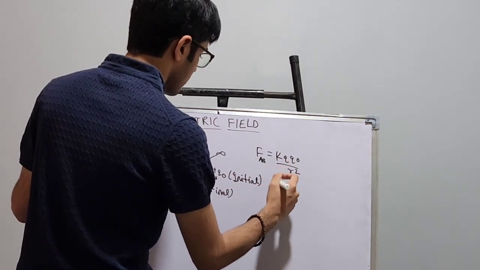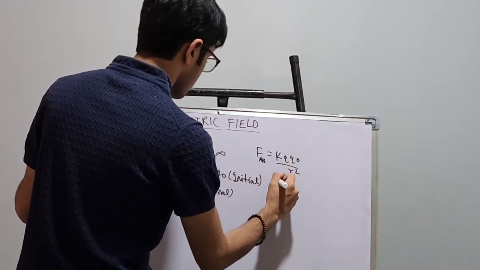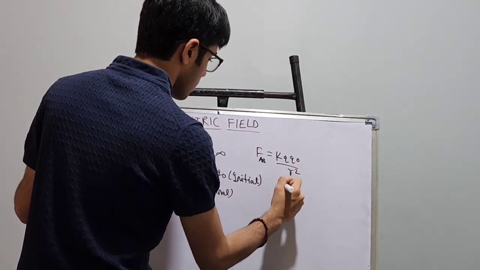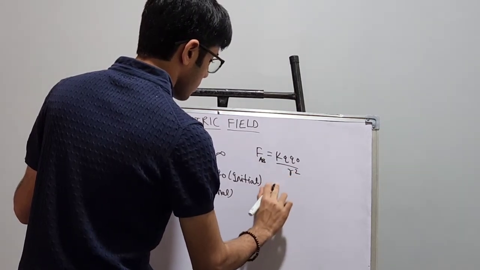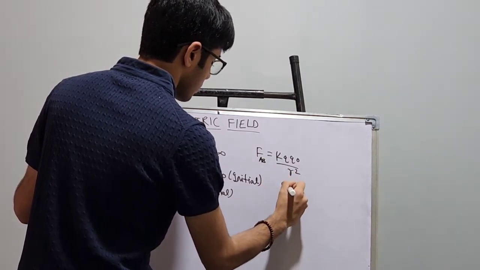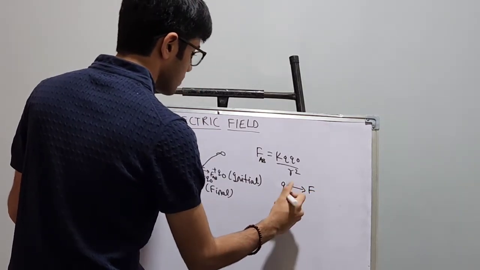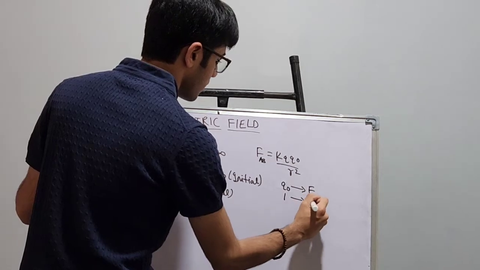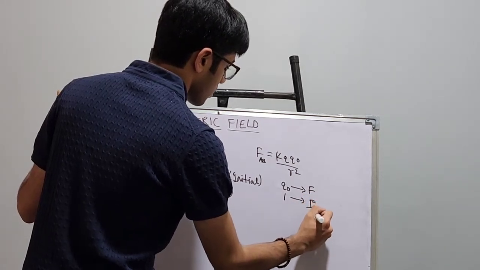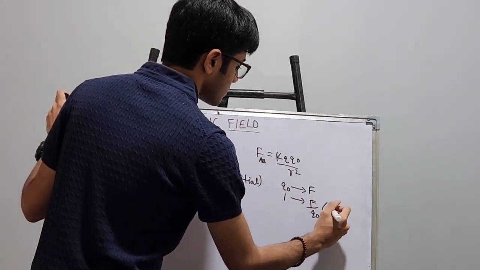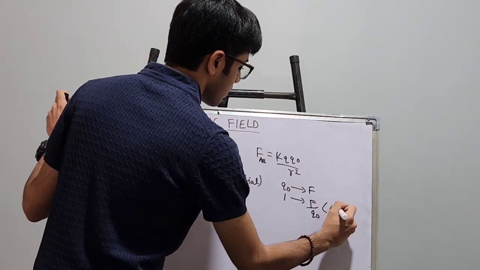So we also know that the force acting on Q naught is F. So force acting on unit charge would be F over Q naught. And this is what we assume as electric field.